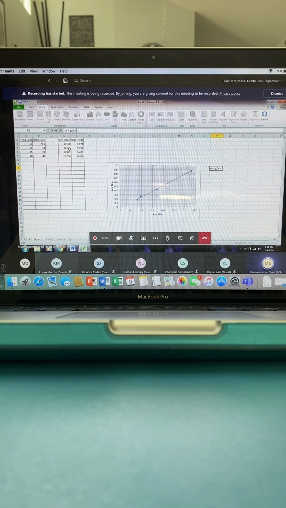So this is your y value and this is your x value, 0.656 divided by 0.866.